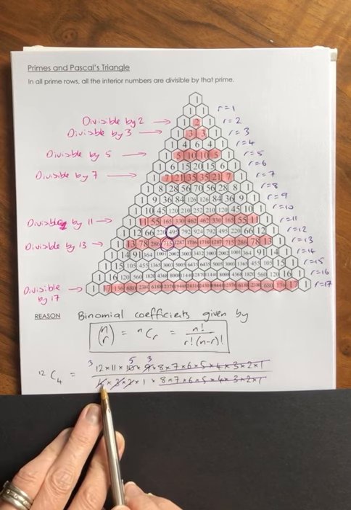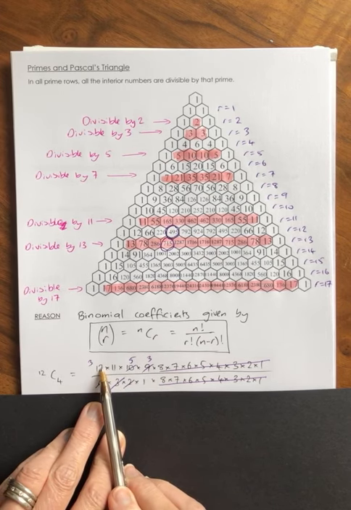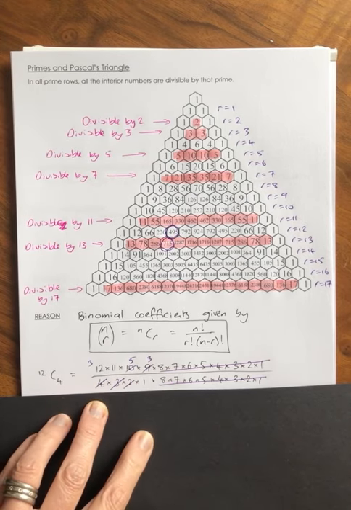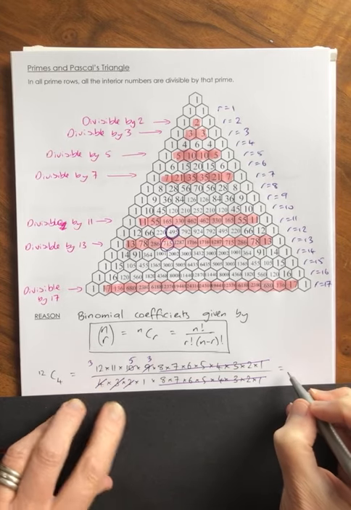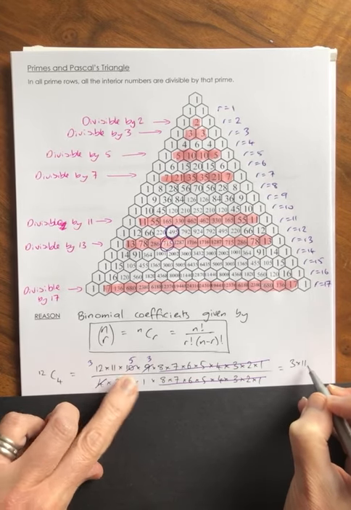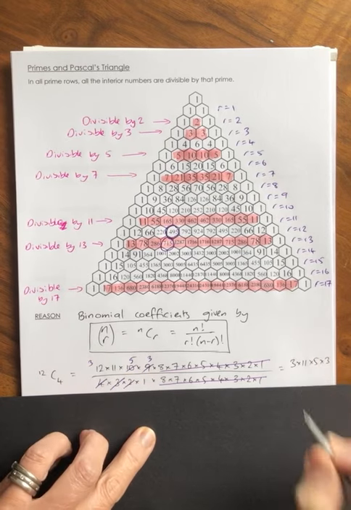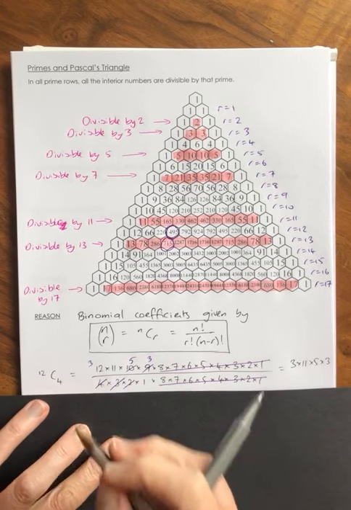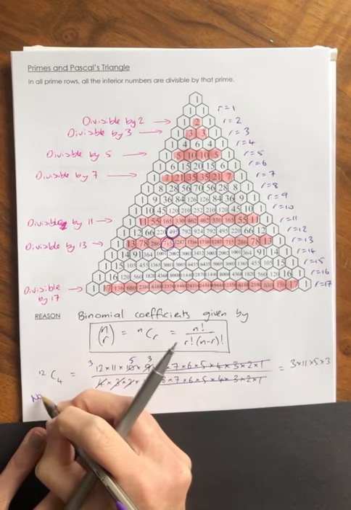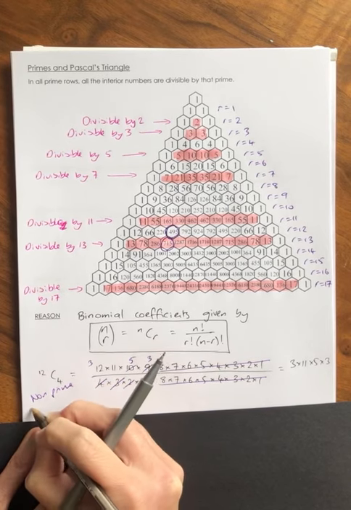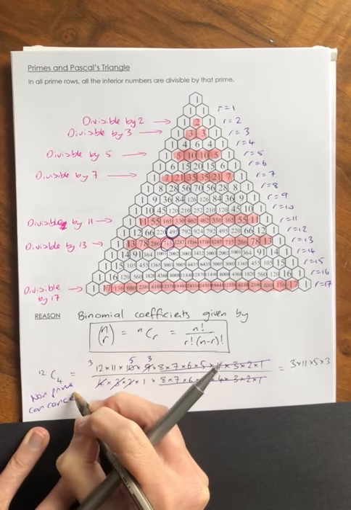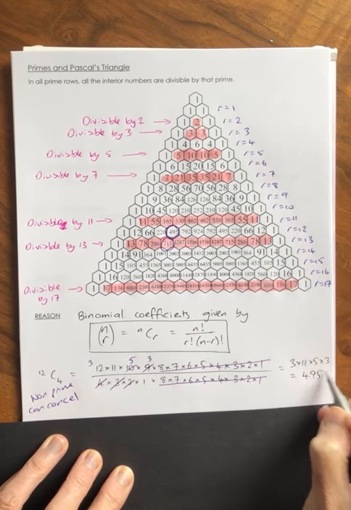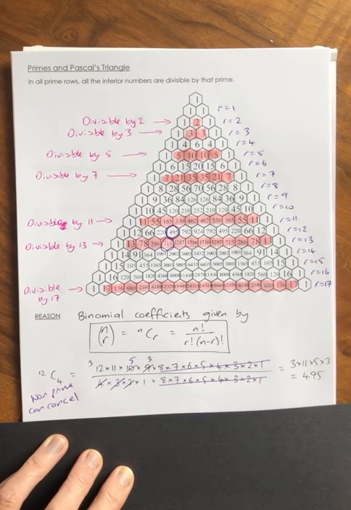And it's that 4 dividing into the 12, which means that that row isn't going to be divisible by 12, because what we end up with is a 3, an 11, a 5 and a 3. So there's no 12 appearing in there. So that non-prime value can cancel. That, of course, gets me the 495, which I know is what I have there.